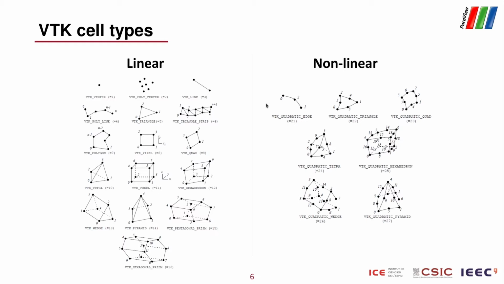And we have different vertex and line cells, and different 3D cells like hexahedrons or even wedges or pyramids. Depending on our application, we will use one or another one. We can always choose the most convenient cell.